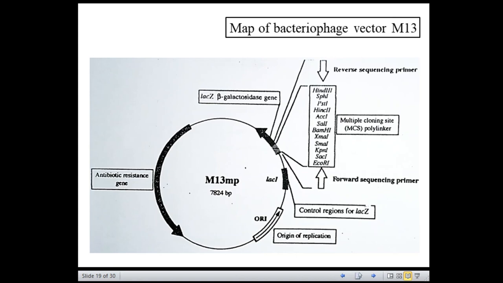So this allows efficient selection to be undertaken based on the technique we discussed earlier, the blue-white screening selection. So this feature makes the vector more useful for the reason that a greater choice of restriction enzymes could be used.